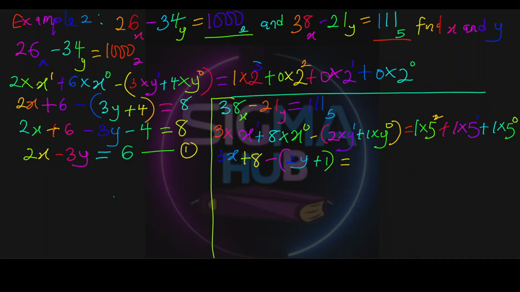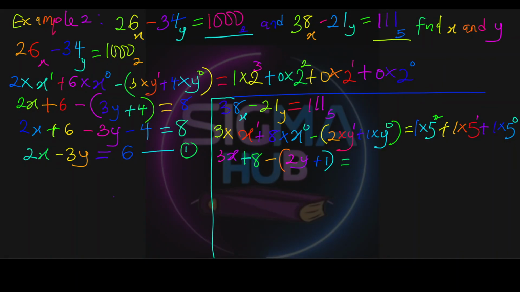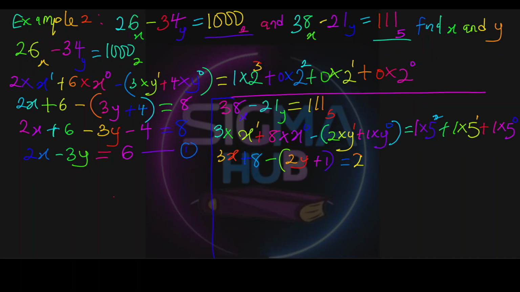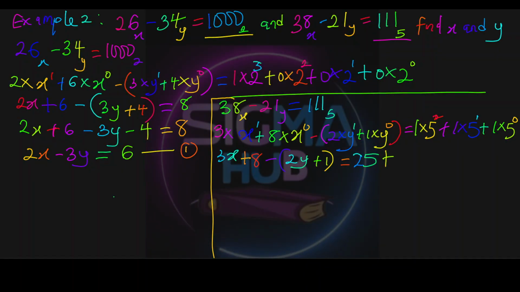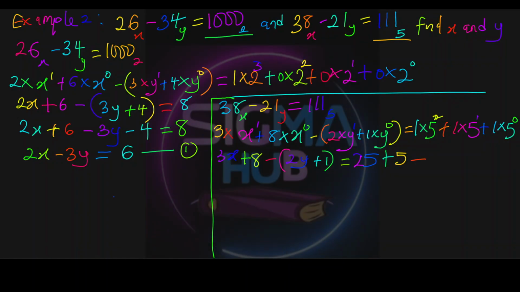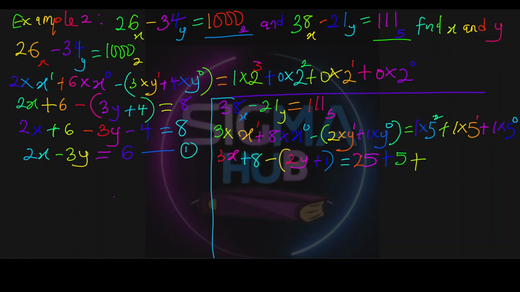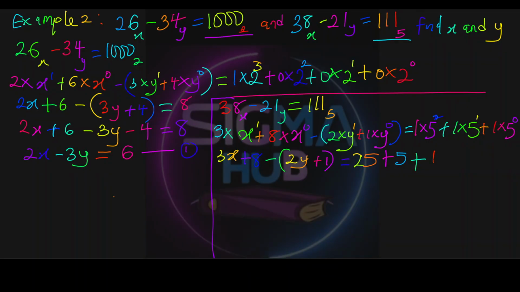Everything equal to 5 squared is 25. 25 times 1 still 25. 25 plus 5 raised to the power of 1 is 5. 5 times 1, 5 plus 5 raised to the power of 0 is 1. 1 times 1 is 1.